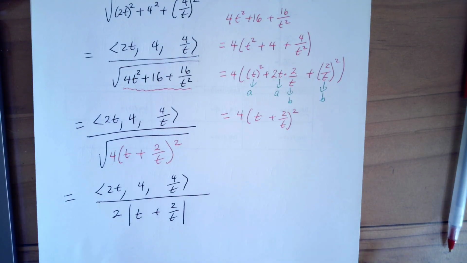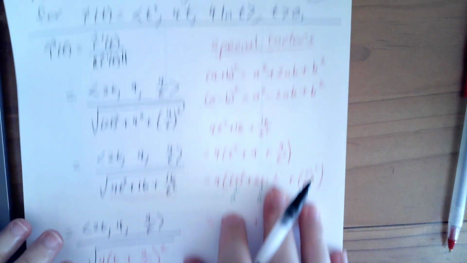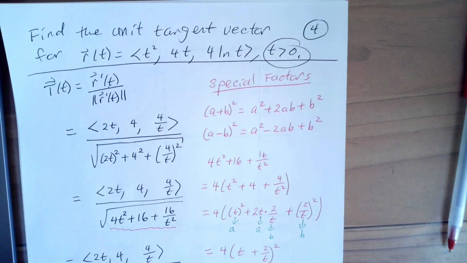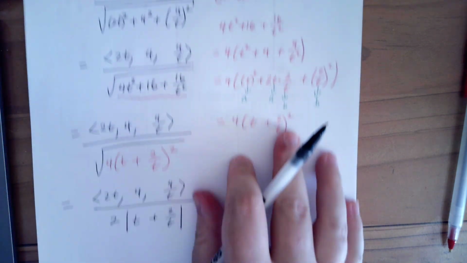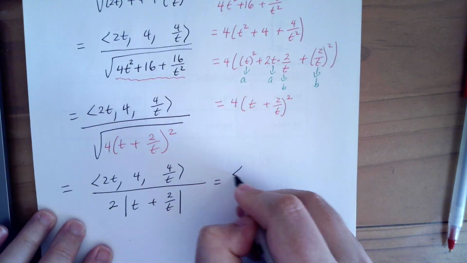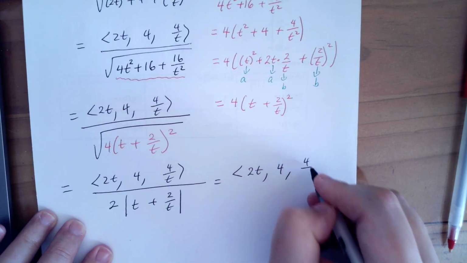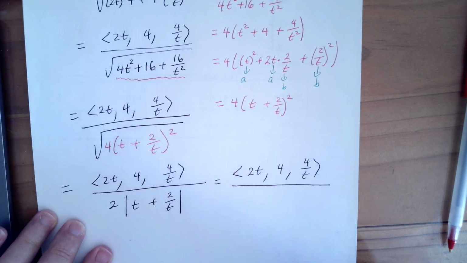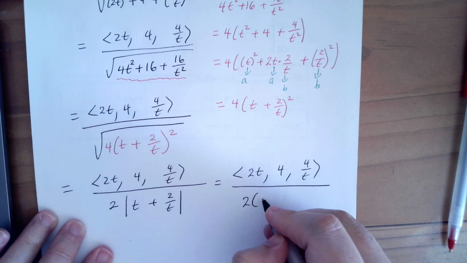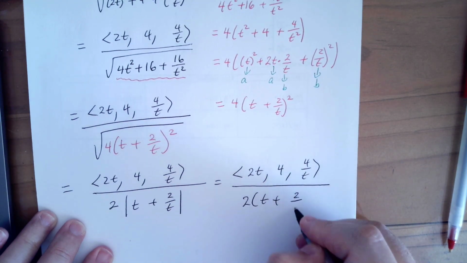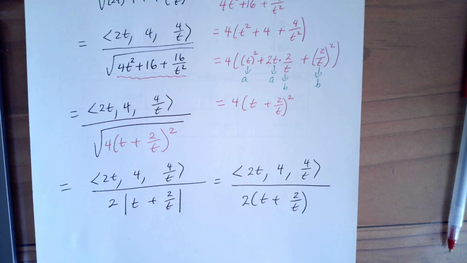But of course here, everything is positive because we started off with this restriction. So this will be 2t, comma, 4 over t divided by 2 into t plus 2 over t.